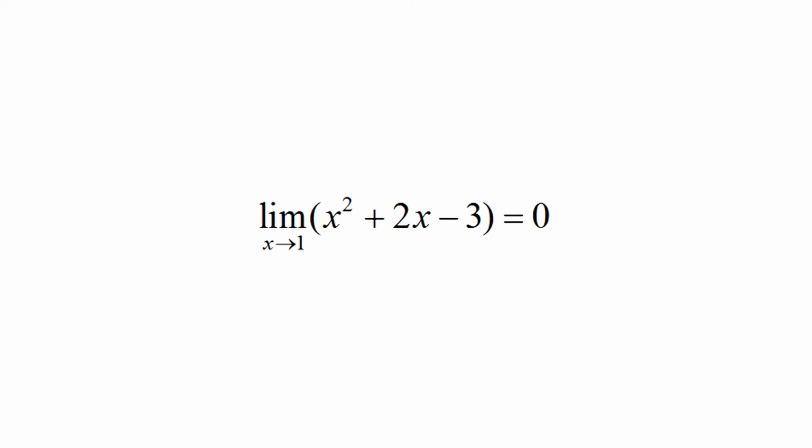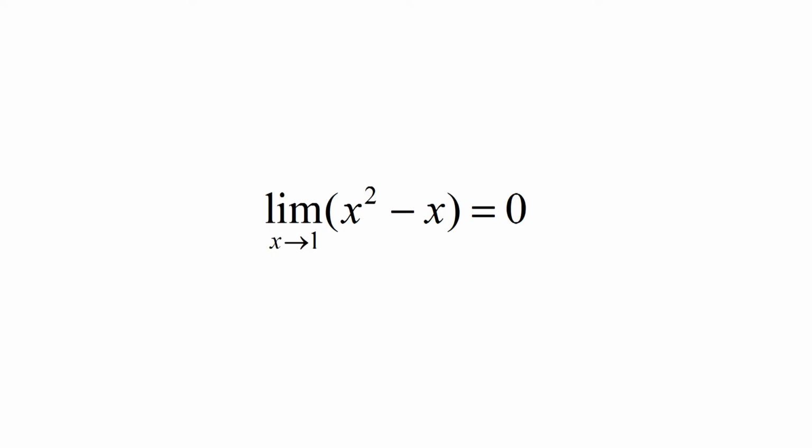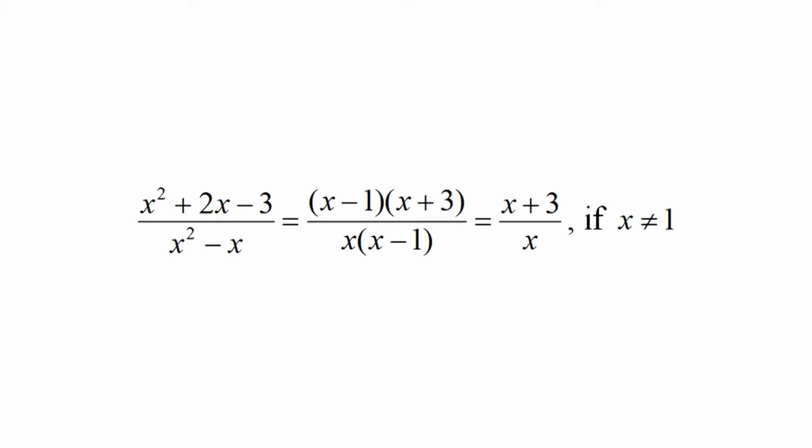Since the limit of x square plus 2x minus 3 as x approaches 1 is 0 and the limit of x square minus x as x approaches 1 is 0, thus x minus 1 is a common factor of both numerator and denominator. We cancel the common factor as follows: (x square plus 2x minus 3) upon (x square minus x) equals (x minus 1) into (x plus 3) upon x into (x minus 1), which is equal to (x plus 3) upon x if x not equal to 1.